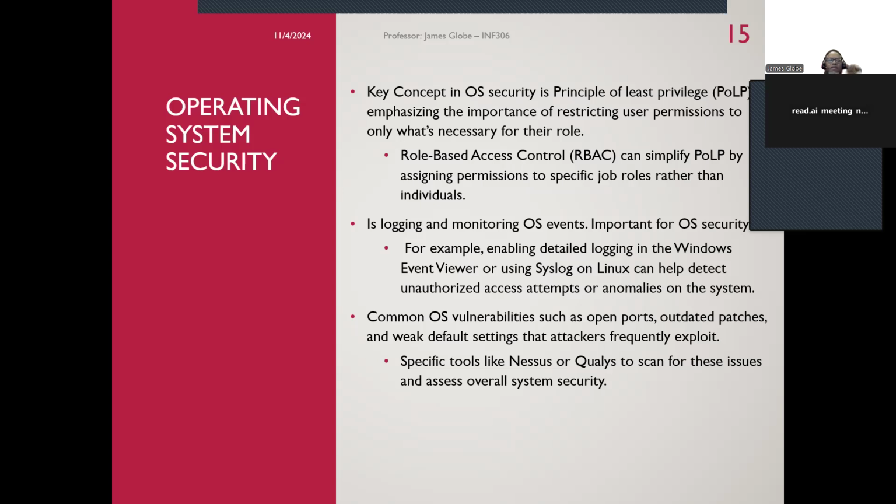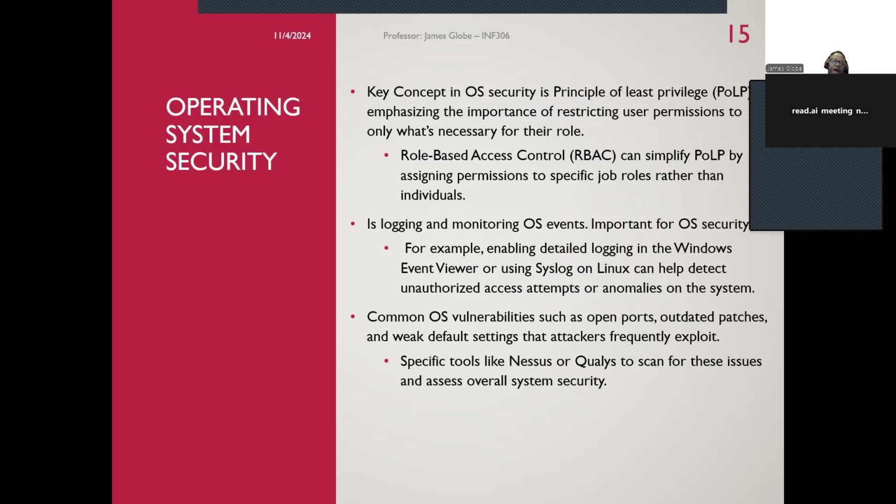Is logging and monitoring OS events important for operating system security? The answer there is absolutely. An example of that is enabling detailed logging in your Windows Event Viewer, or using syslog on a Linux system, which can help detect unauthorized attempts or anomalies on the system.